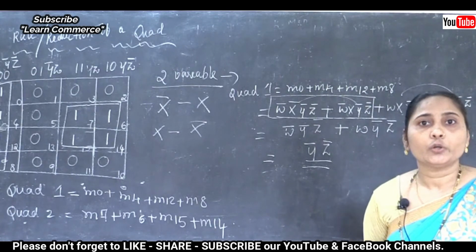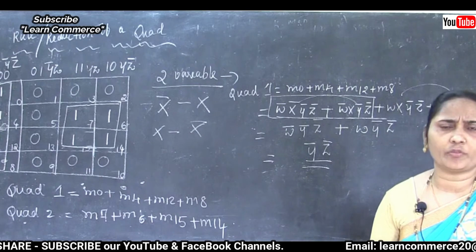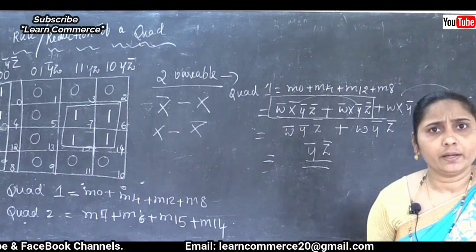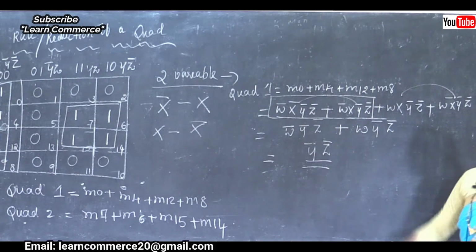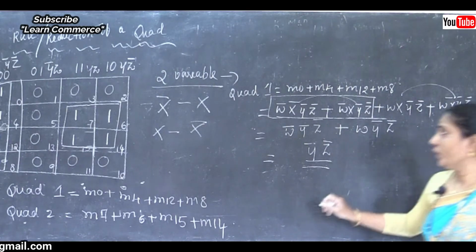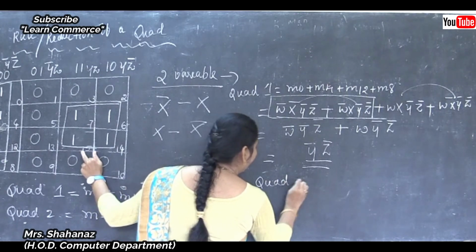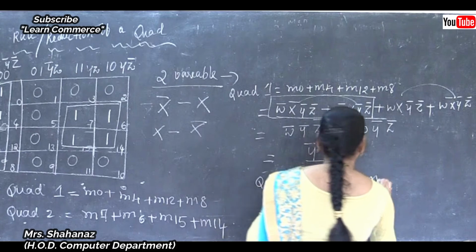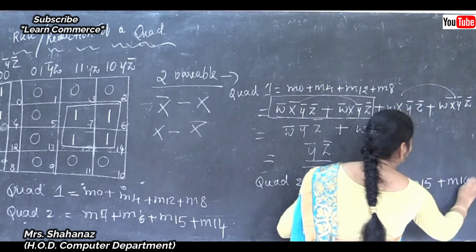At the starting step totally 4 variables, W, X, Y, Z, maybe with or without complementation. In simple terms W, X, Y, Z, but the final result for quad 1 is complement Y, complement Z, correct? Now let's do the same for quad 2, M7, M6, M15, M14.